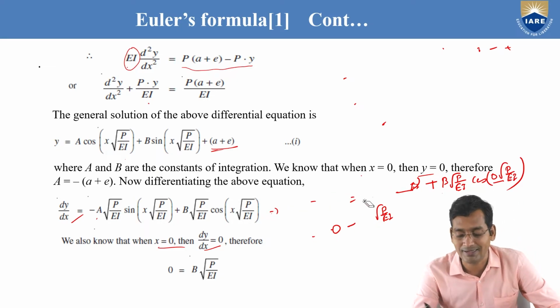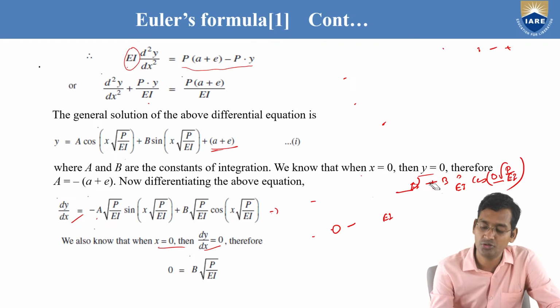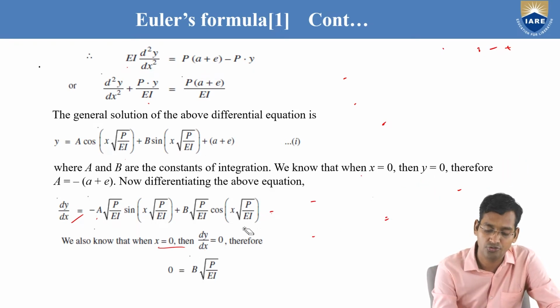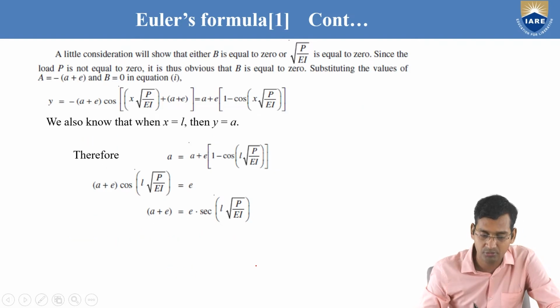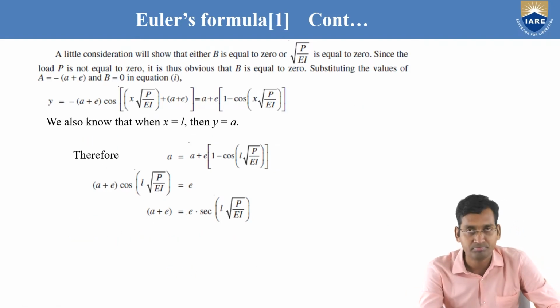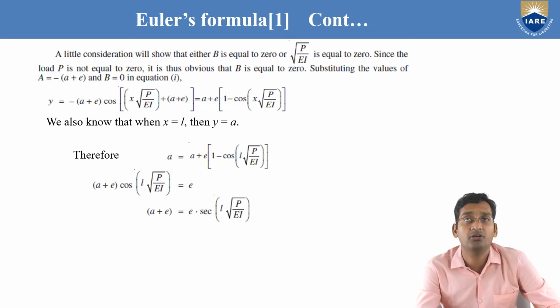So again the condition is that either B should be equal to 0 or P should be equal to 0. Let's see which one will be 0. P cannot be 0 here, because if P is 0 there is no load acting.